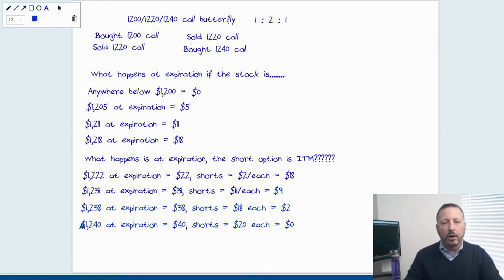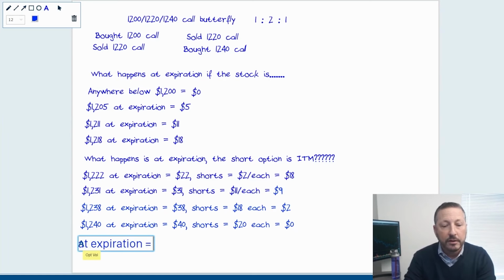And that's where the beauty of a butterfly comes in, that when you do it in this ratio 1 to 2 to 1, and the options are symmetrically placed like they are, you can never ever lose more than your investment. The value of the butterfly can never be worth less than 0. And so let's just randomly pick a number of 1,300 at expiration.